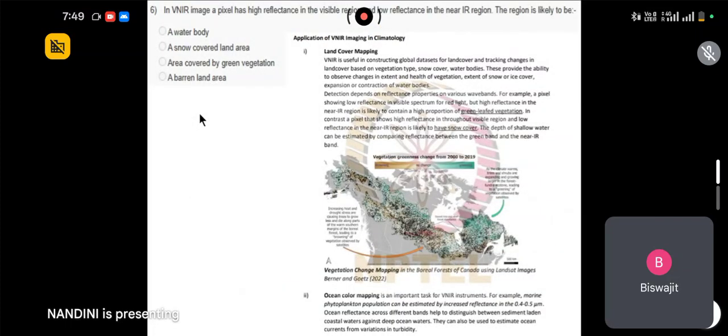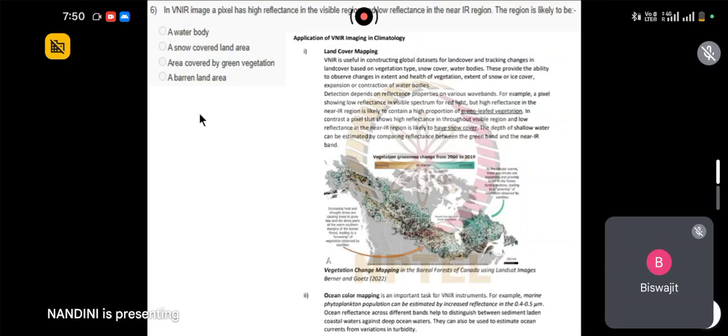The next question is in VNIR. VNIR is visible near infrared range. So we have sensors which measure radiation at different wavelengths. The radiation characteristics received or reflected from different materials at different wavelengths will help you to detect the properties of the material.